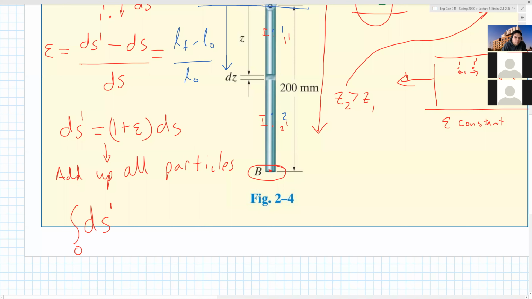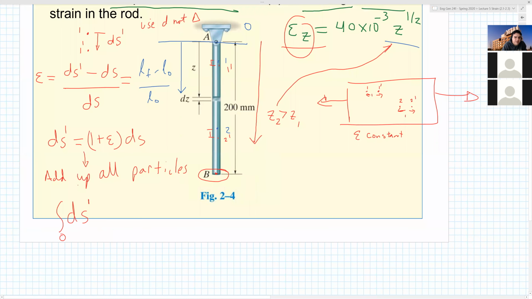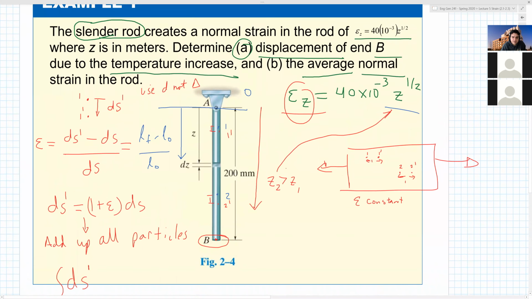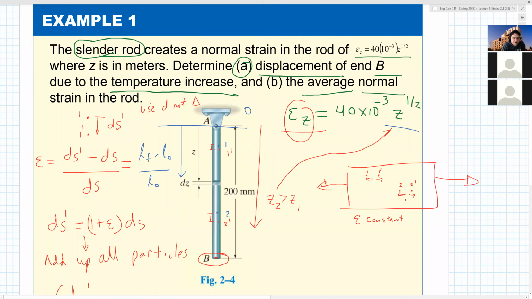what is it? How are we going to add up the final length, right? Look at how your z-axis is defined. Don't I want the strain of all the particles from z equals 0 all the way to what? B. What is that length initially, right? That is 200 millimeters. And by the way, look at this. Z is in meters, so the strain is meters over meters.